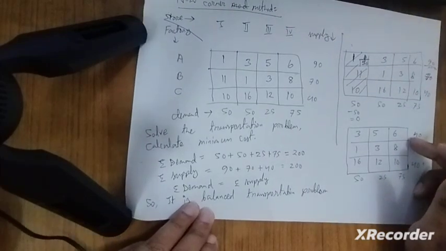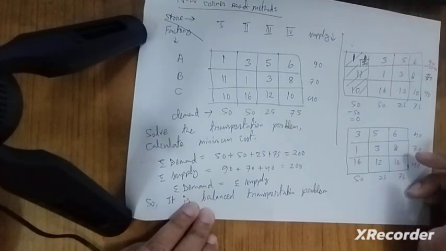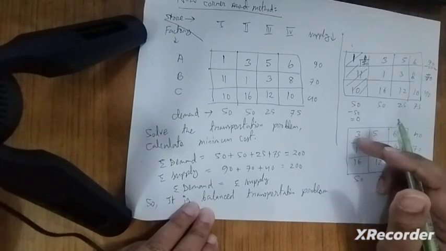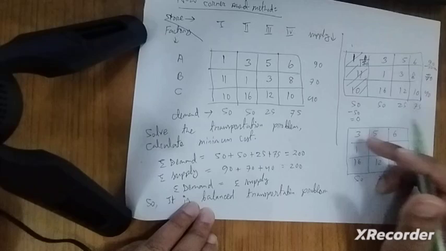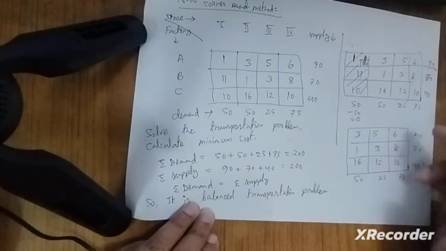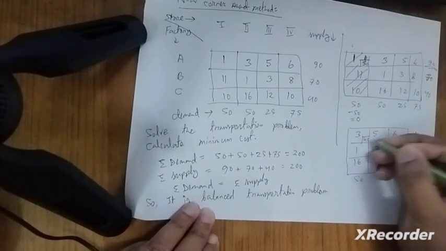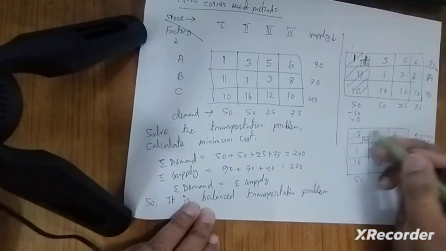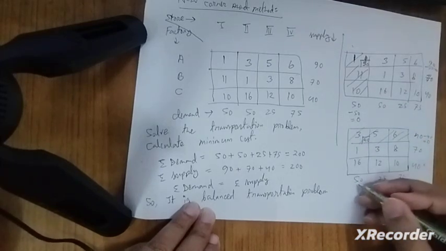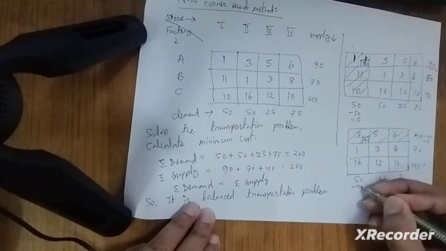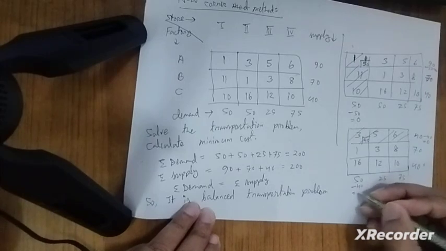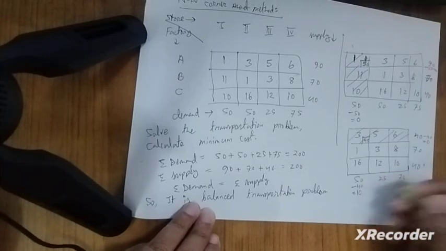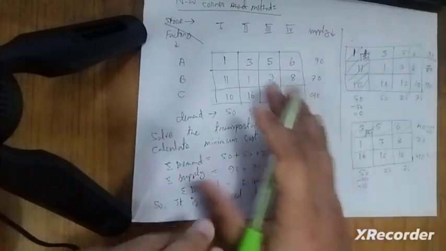In this step, again go to the northwest, that is the value 3. Between 50 and 40, the lowest is 40. So assign 40 here, and 40 minus 40 becomes 0. This row is exhausted, and the corresponding column becomes 50 minus 40, that is 10.